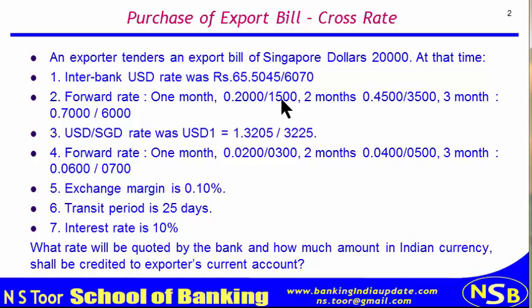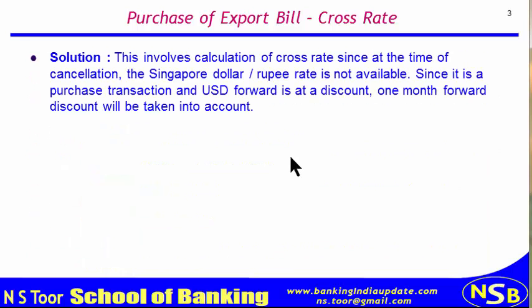But as regards US dollars and Singapore dollar, it is at a premium. Here it is increasing. Here when we talk about rupees and US dollar, the forward is at a discount. As regards US dollars and Singapore dollars, the forward is at a premium. Now based on this information, we shall make the calculation.